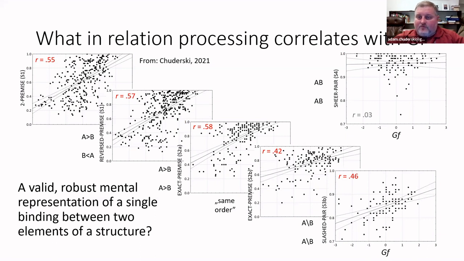So for our minds, it is demanding to represent validly and in a robust way a trivial, simple binding between two elements. So minds with low ability, with low working memory, are not able to bind two elements in the univocal way.